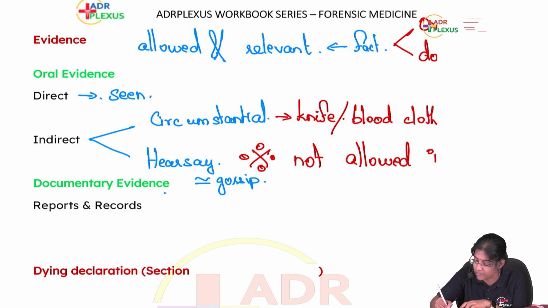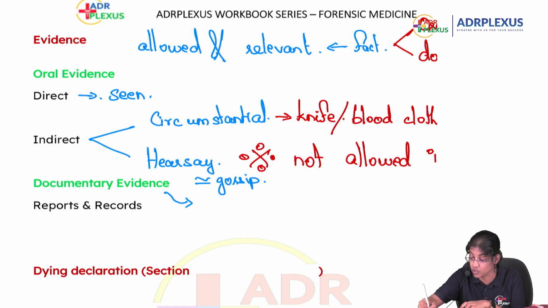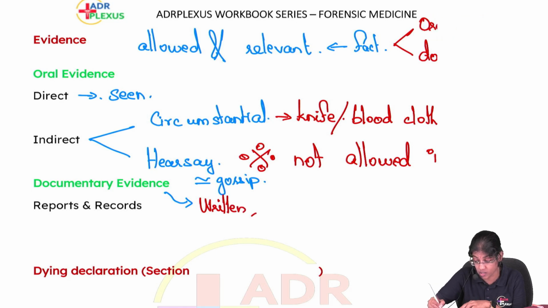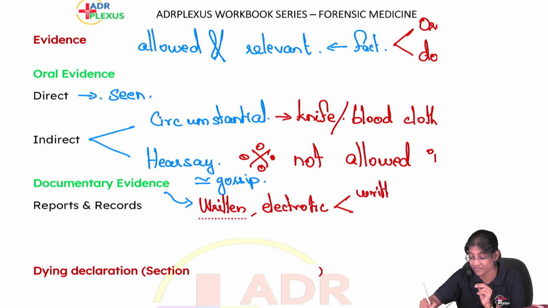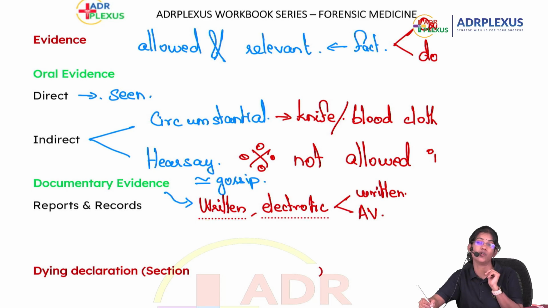So documentary evidence today includes written, electronic, and remember when we say electronic, it includes not only your written but also your AV, audio and video also.